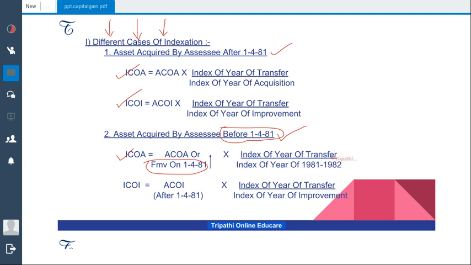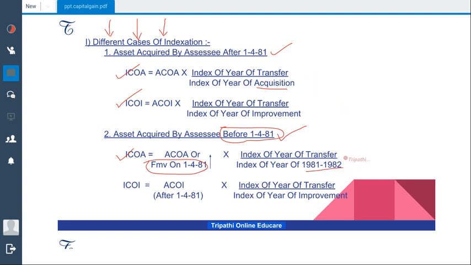Into index of year of transfer upon index of year of, we cannot say acquisition as we had in the previous case. Why? Because you are buying this asset before 81, and before 81 we don't have cost inflation index, CII. Hence, you will have to take the base year, that is 1981-82.